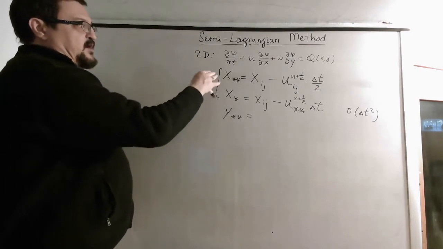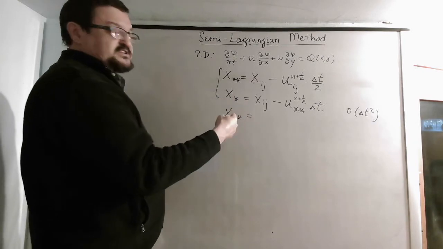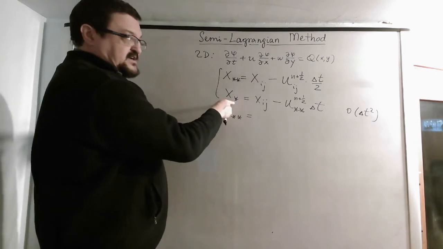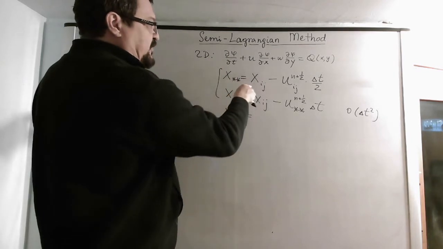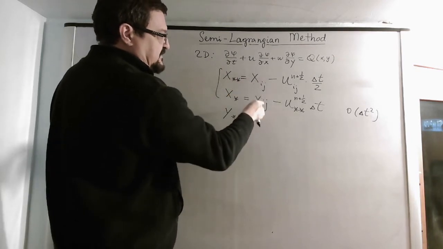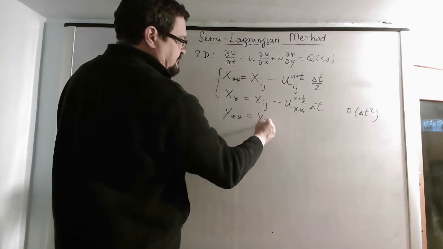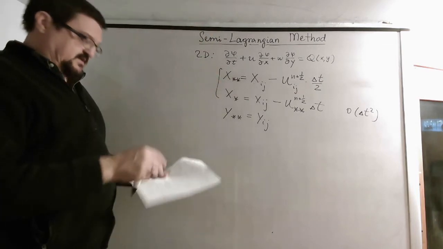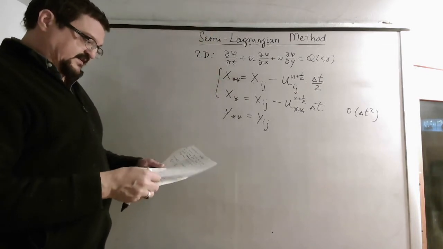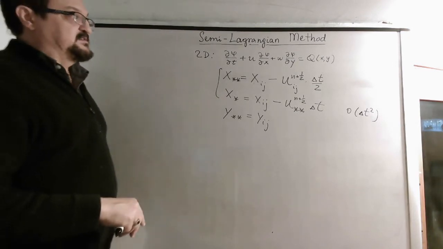So this is basically how you find your departure point, and as long as you found that, then you interpolate your phi in that departure point, and that equals to your new value on the grid point with coordinate x ij and y ij, because it just carries to that point. So that's basically how you do it in 2 dimensions, and in 3 dimensions it's very similar.